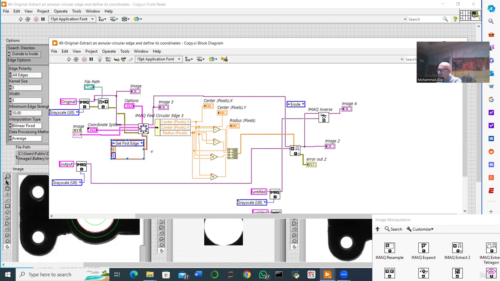Get first edge is our interesting mode. And here is the output. Now, this function gives, as you see here, a cluster. This cluster is unbundled, as you see, in order to get the values of the XY coordinates of the circle, which is extracted, and its radius.